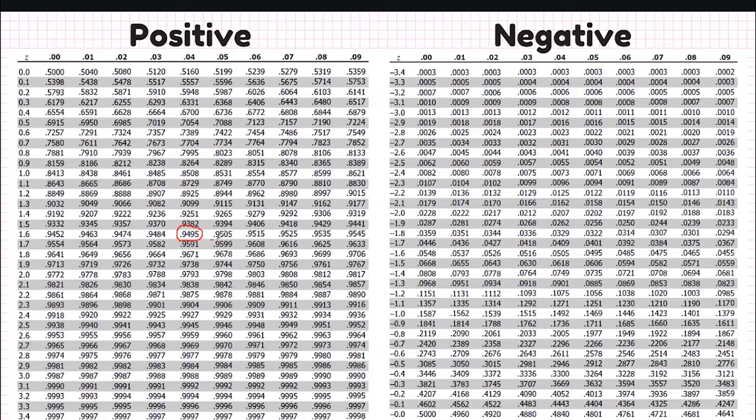These two values are the closest ones to 0.95. Okay, so after finding the values that are closest to 0.95, we will move on to the next step.